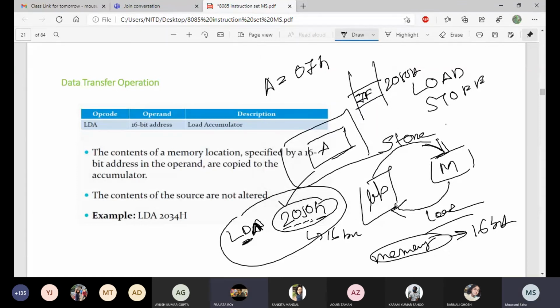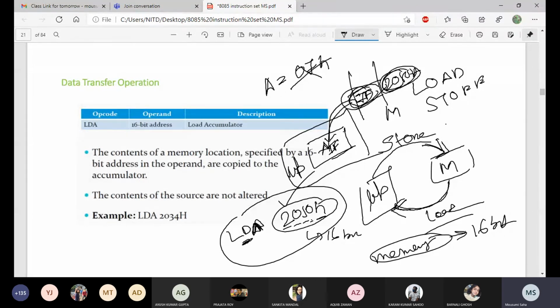And this is your memory, with a memory address. The content of this memory address is 7F. Then this 7F will be stored here in the accumulator. The previous data will be deleted, and this data will be stored into the accumulator. So load means it transfers the data from memory to the processor, where it is stored in the accumulator.